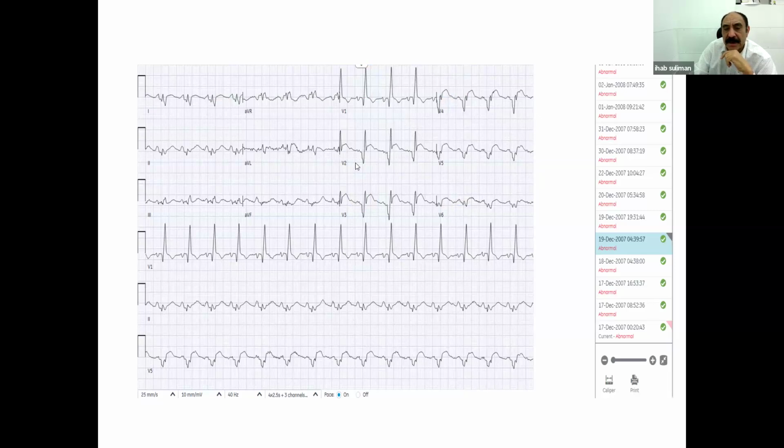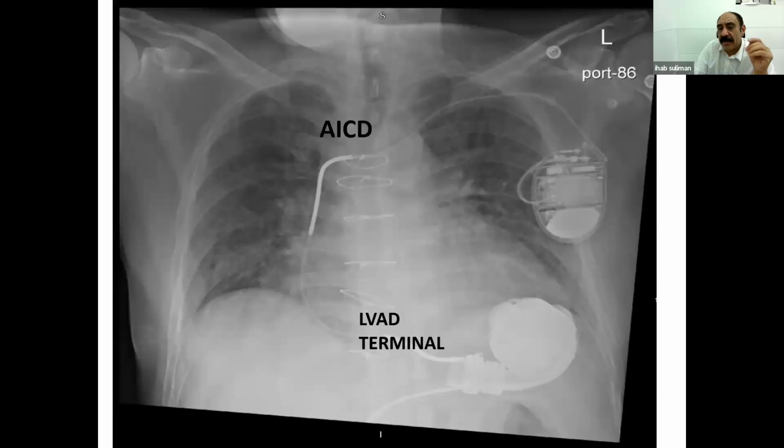This patient in particular ended up with an AICD because his LV function 3 months after the MI did not improve. We can see this is an AICD because there is a shock lead here and another lead here.